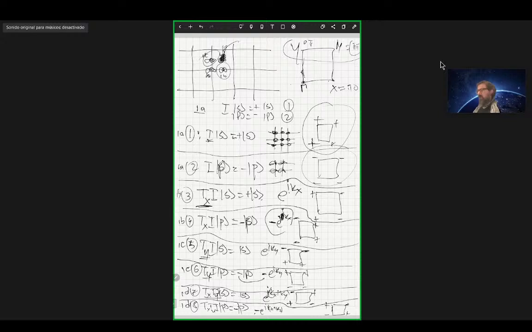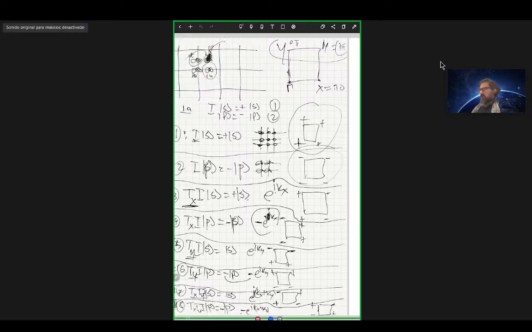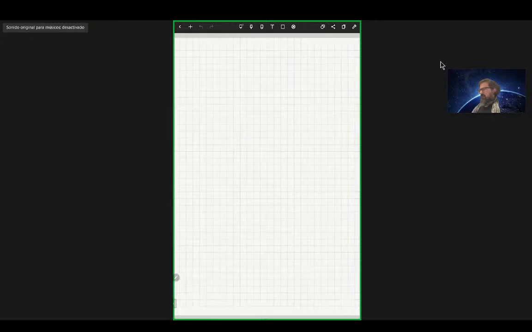For example, let's just re-put all the atomic limits. I'm going to draw eight Brillouin zones here.